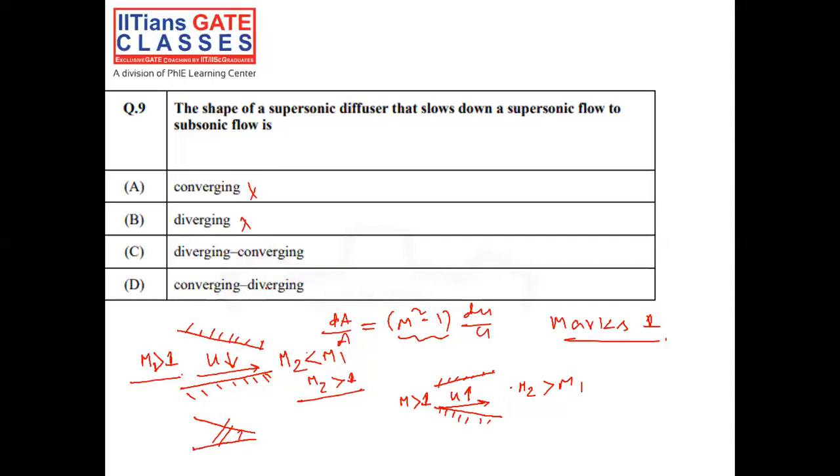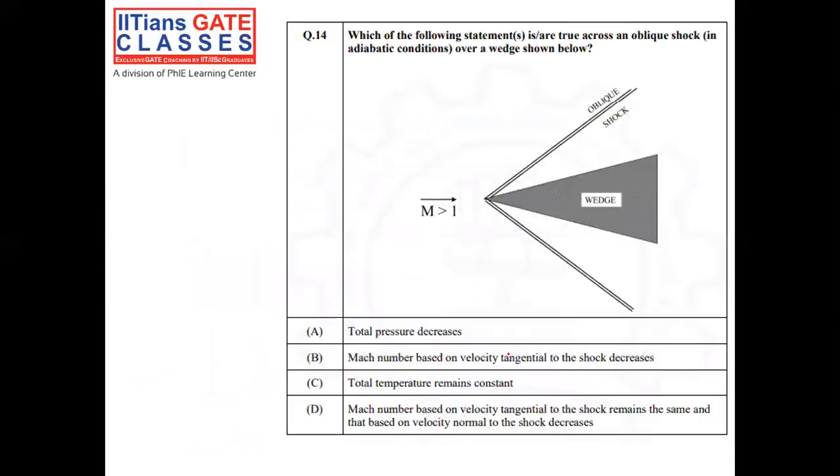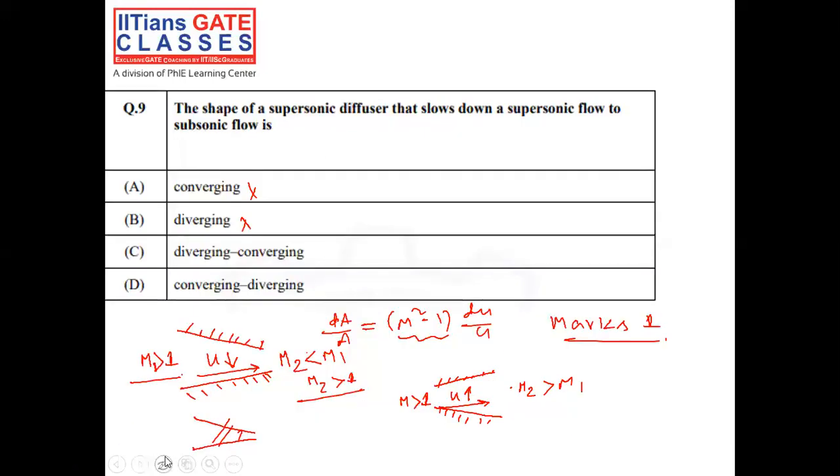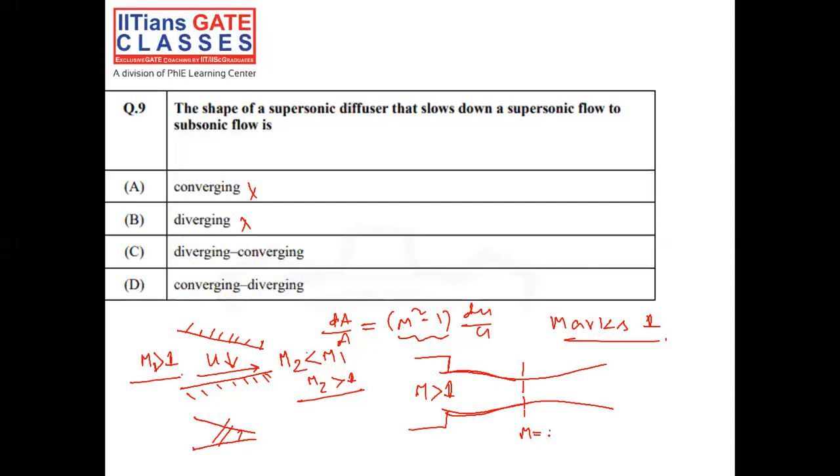And then if we see this converging-diverging duct with a supersonic flow, in the convergent part the flow will decelerate, and at the throat the flow Mach number will become sonic, and in the divergent part it will further decelerate, and at the exit it will be subsonic.